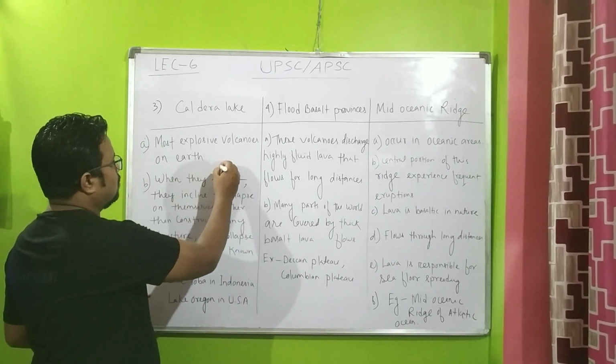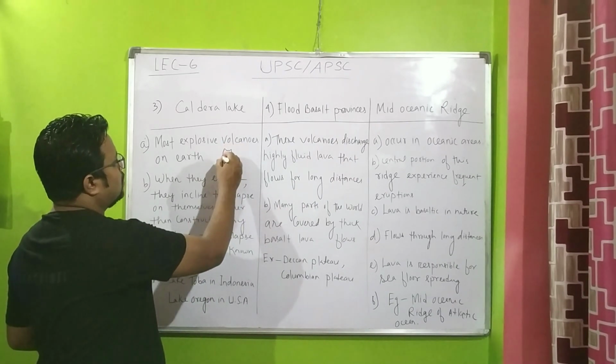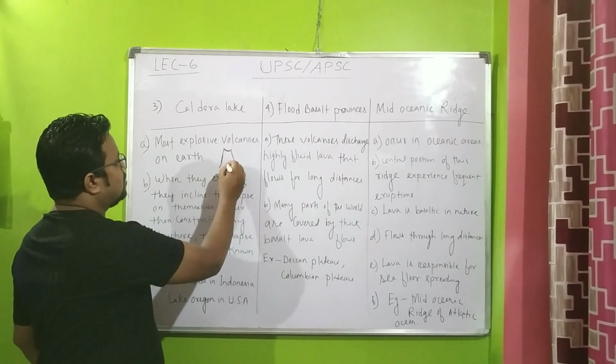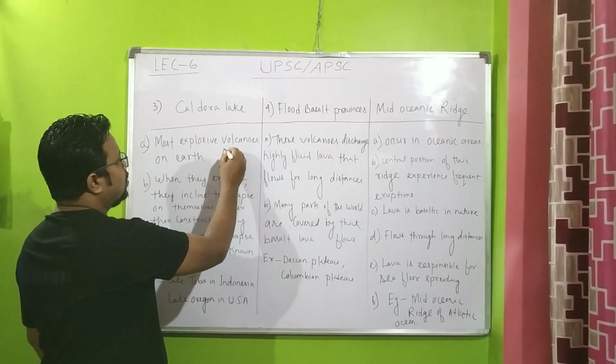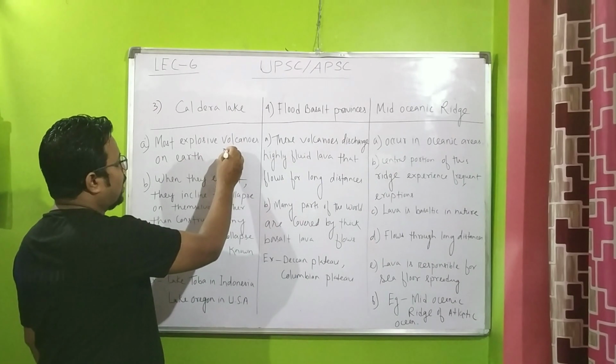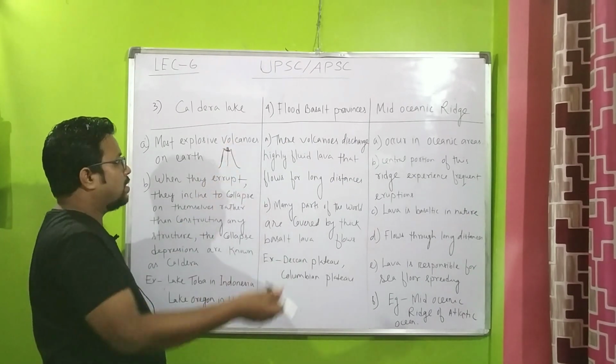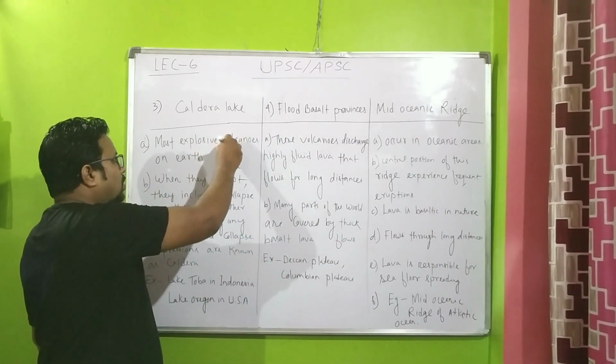Suppose this is the crater. So this magma used to flow here, and when it comes out in the form of lava, it falls again here, on themselves.